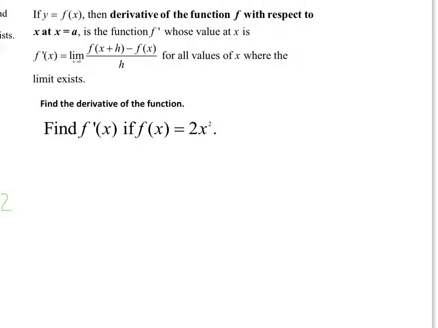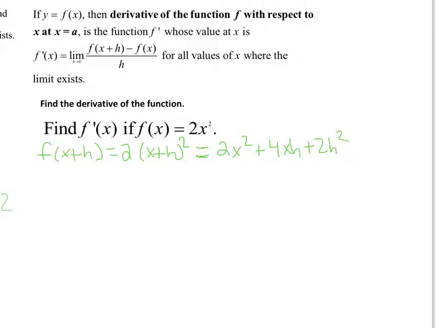So you go f of x plus h equals 2 times x plus h squared, which equals 2x squared plus 4xh plus 2h squared.